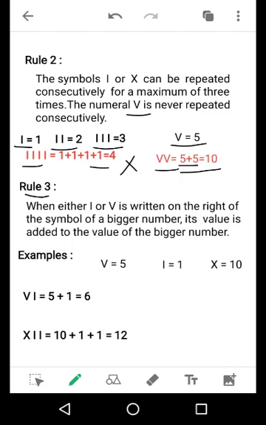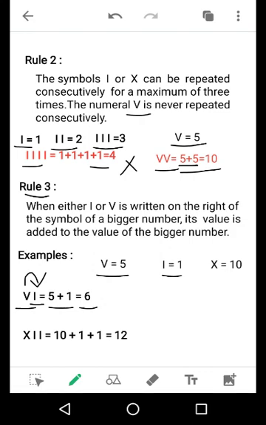Here we see V and I, and here I is written on the right side of V. I represents 1, V represents 5. V is the greater number. So if we write I to the right side of V, that means we have to add the value of I to the value of V. That is 5 plus 1 equals 6.